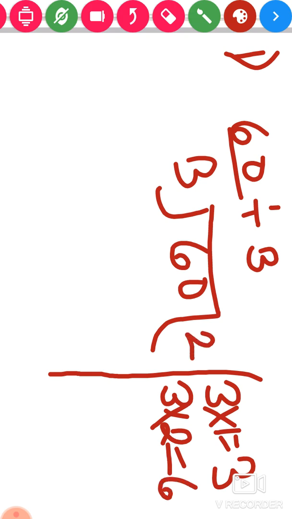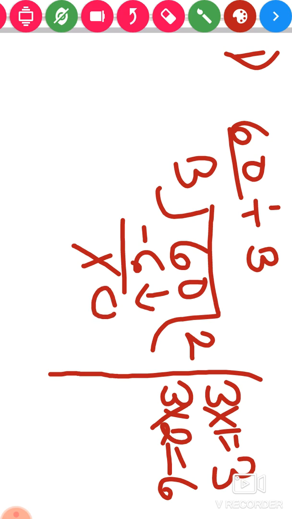3 twos are 6. So we will write 6 below 6 and we will subtract. 6 minus 6 we will get 0, or we will put a cross here. Now we are left with 0, so we will carry down this 0.